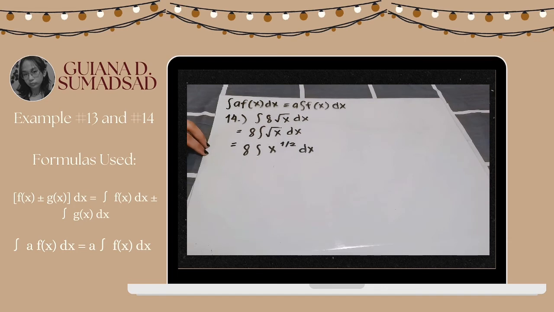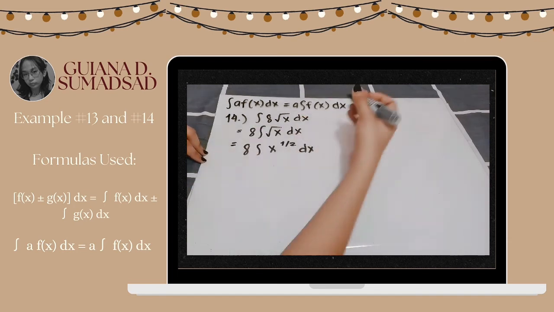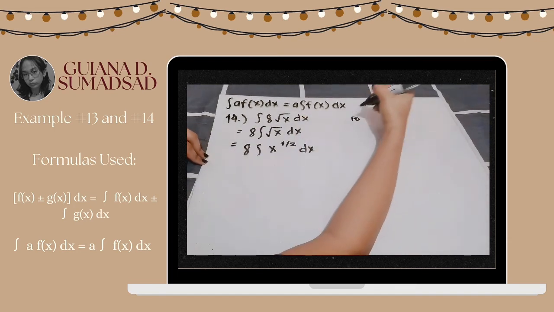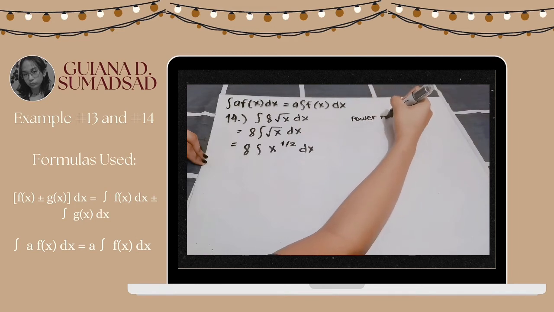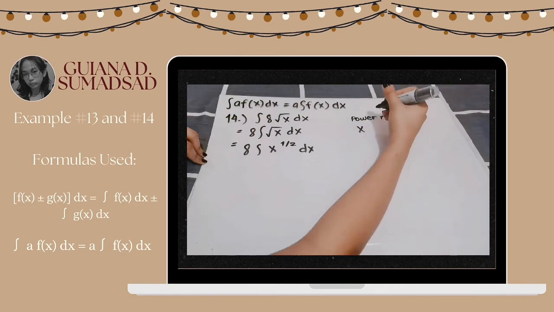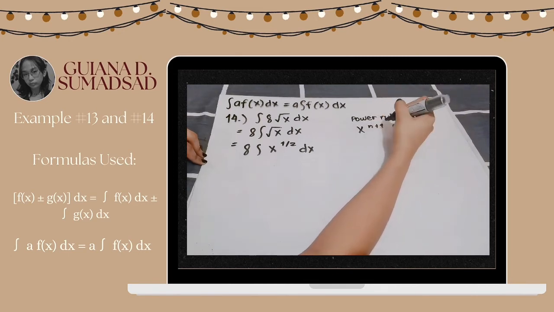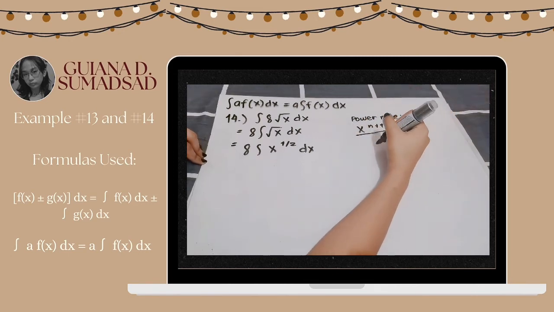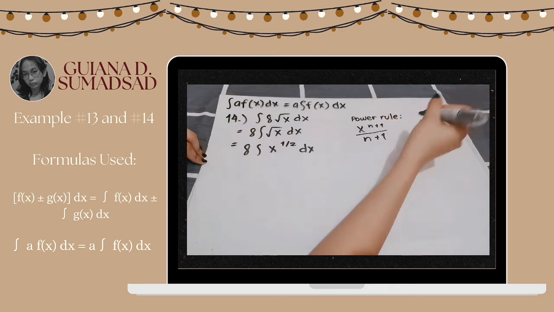Then we will apply the power rule again. The power rule. So the power rule is x raised to n plus 1 over n plus 1 plus c.